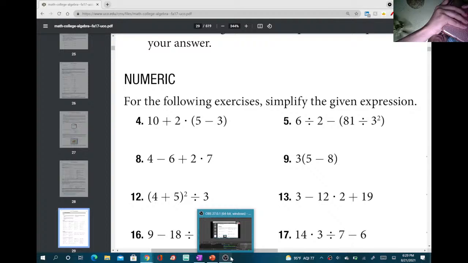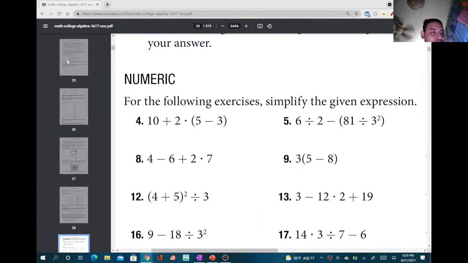Let me put section 1.1, and then what was the section called?